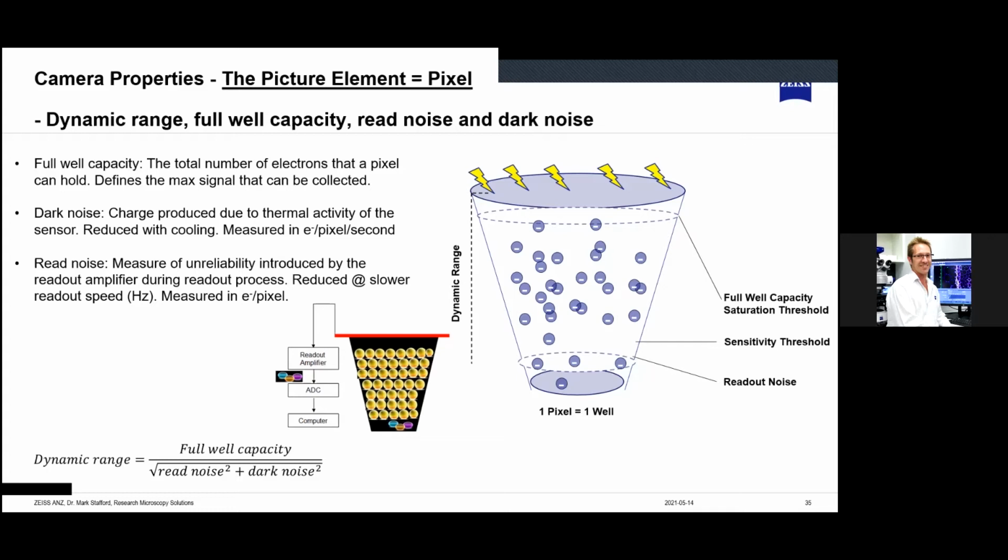And the dynamic range of the camera is a function of the full well capacity and the readout noise and dark noise. Okay, so the idea is to have a camera with a very low noise readout and a low dark noise with a good deal of capacity to collect a lot of electrons, which essentially gives you the dynamic range of the camera. So it's those sort of parameters that people try and optimize when they design a particular camera for scientific work.